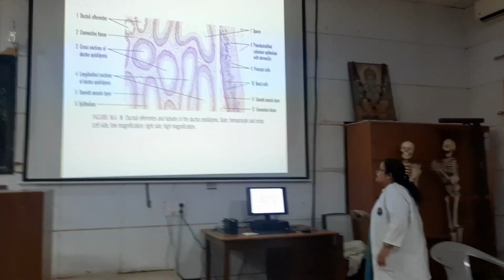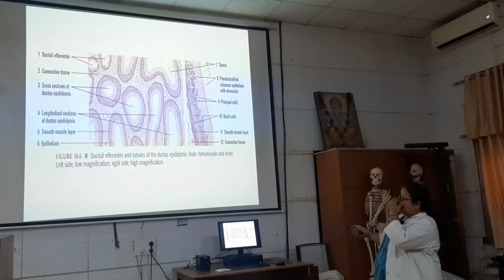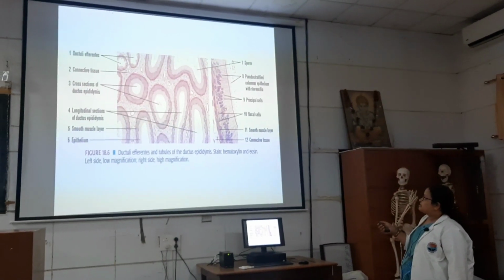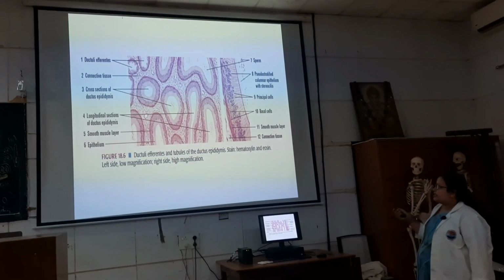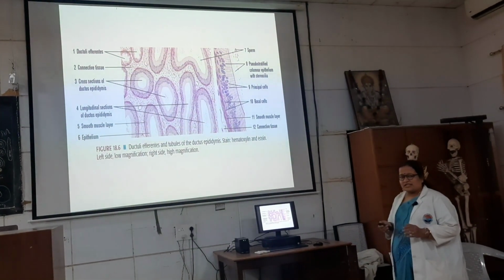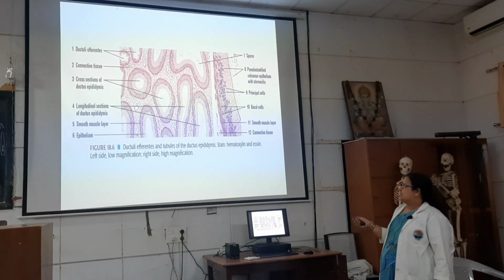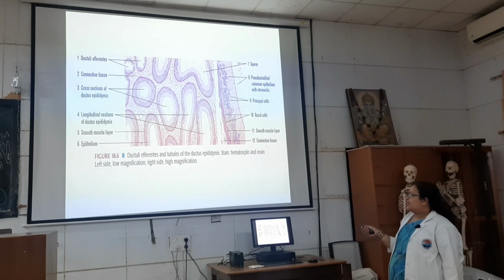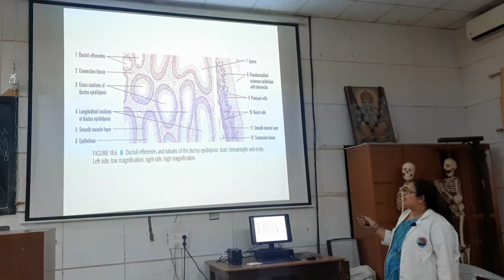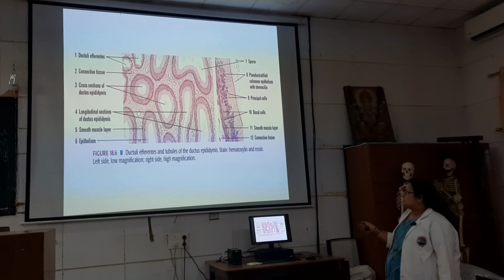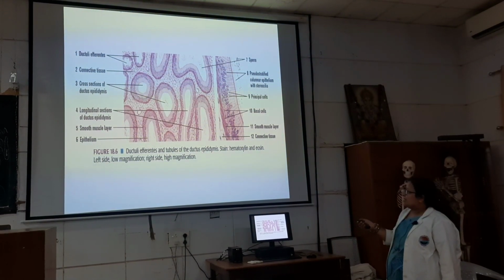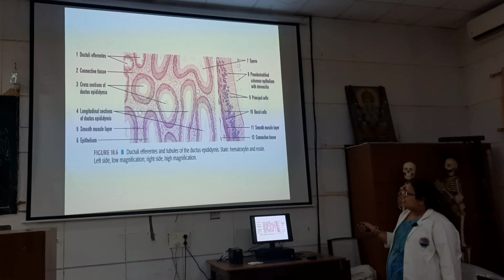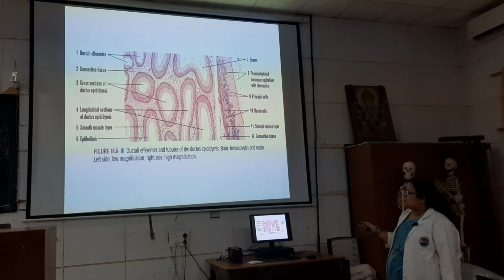But when you see the slide of the epididymis, you find there is the presence of sperms within it. The epididymis is the site where sperms are stored, and they gain their maturation and motility in the epididymis. Here the lumen is filled with sperms, and it is lined by pseudostratified ciliated columnar epithelium along with basal cells and principal cells.